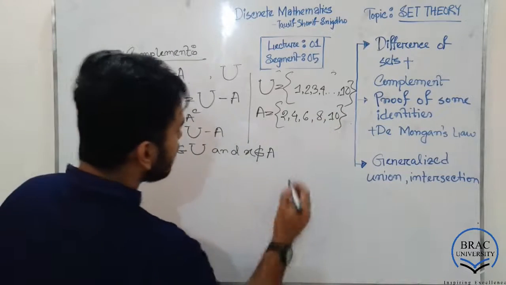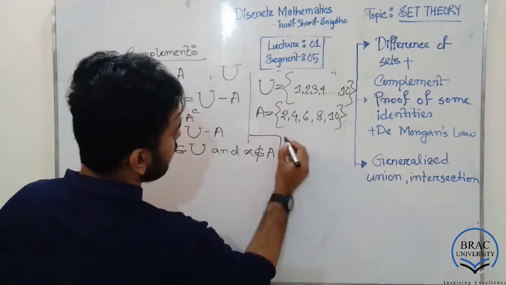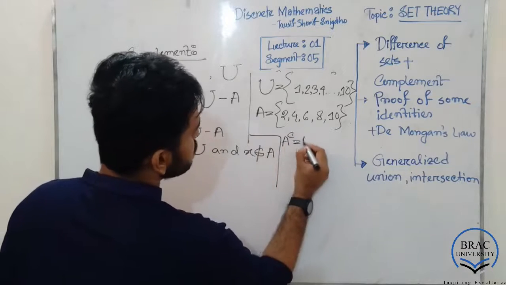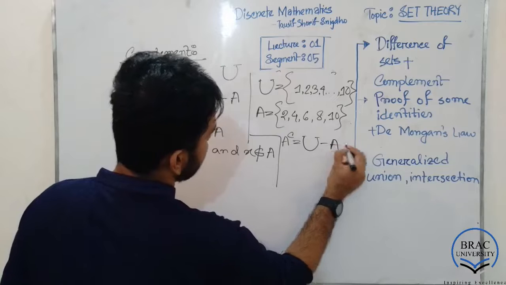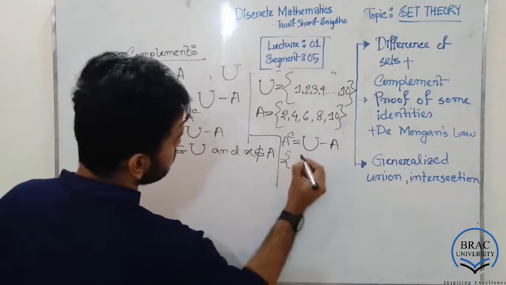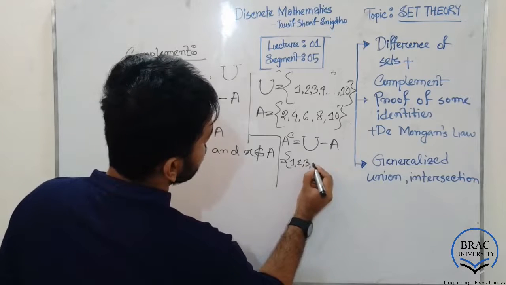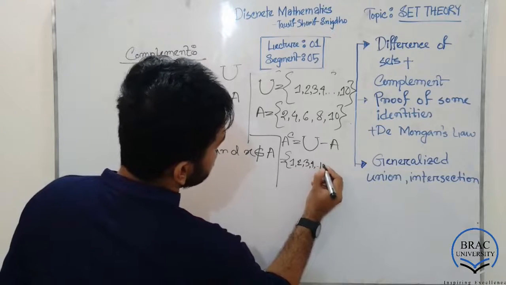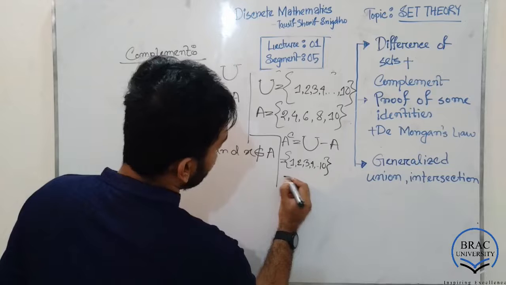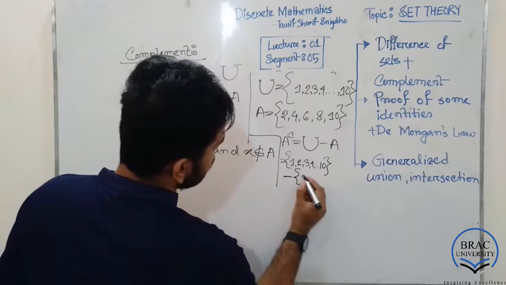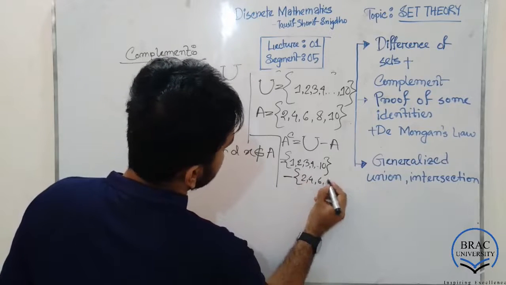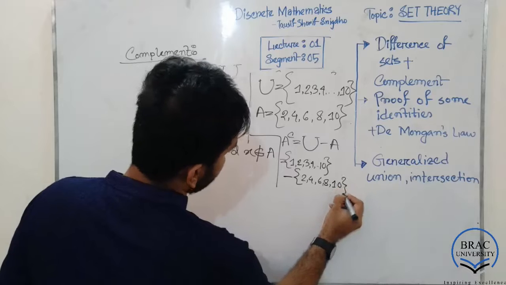So if we have to determine A complement, we'll have to determine U minus A. It means {1, 2, 3, 4, ..., 10} minus {2, 4, 6, 8, 10}, right?